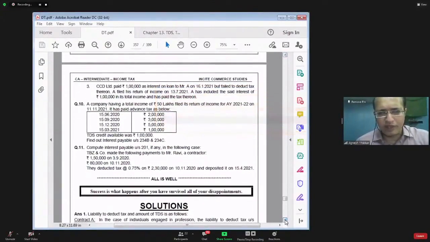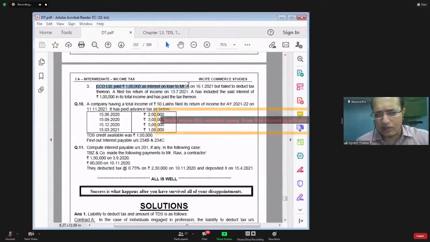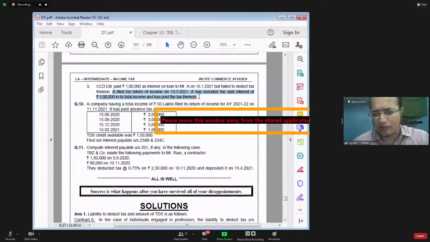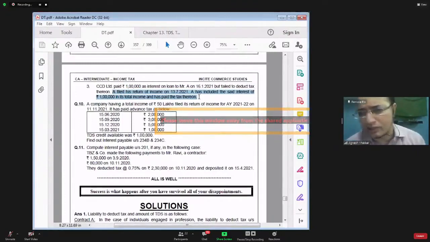Question number 9.3. CCD Limited has paid 1 lakh as interest on loan to Mr. A on 16 January 21, but failed to deduct tax thereon. A filed his return of income on 13 July 21. A has included the said amount of interest of 1 lakh in its total income and has paid the tax. See, first of all, this is interest other than interest on securities.